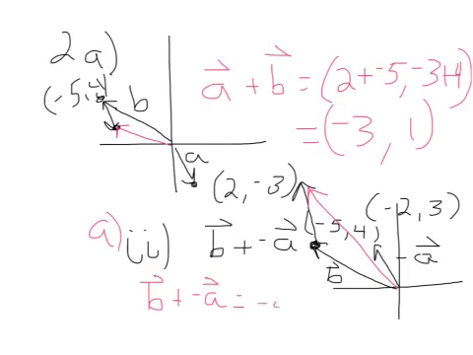A negative 5 plus a negative 2 as my x coordinate or component, and 4 plus 3 as my y coordinate, which equals negative 7, 7.